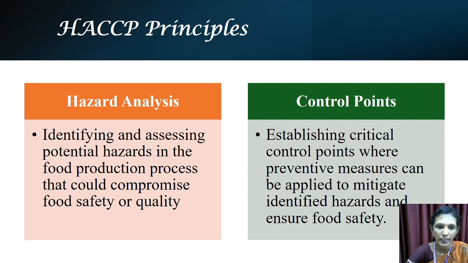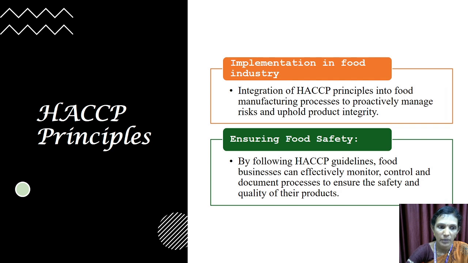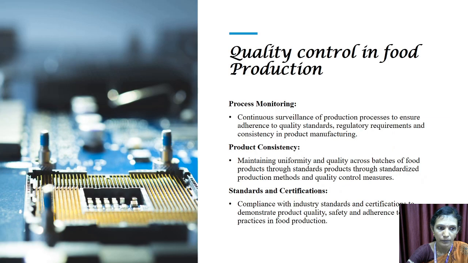Implementing HACCP principles enables businesses to establish control measures, monitor critical points and ensure compliance with safety standards too. Ultimately this enhances food safety and reduces the risk of contamination.